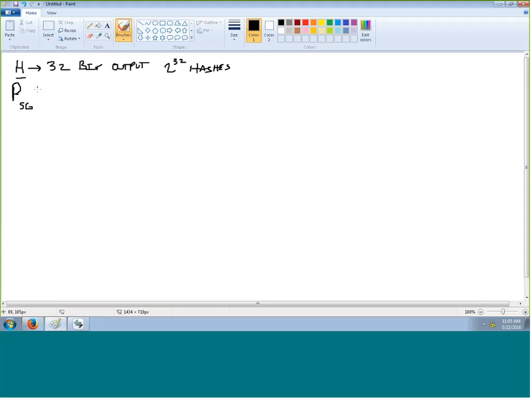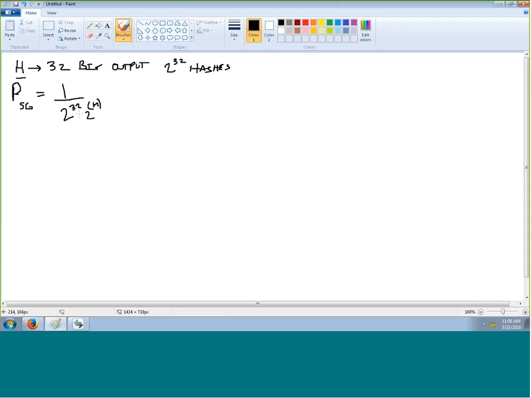Remember, hashes are deterministic in that a given input will give the same output, but you can't tell in advance what the output will be. That's one of the properties of a hash. So the probability of a single randomly generated hash matching any hash that we're given should be easy: 1 over our possible output space of hashes. In this case, 1 over 2 to the 32nd, and we can generalize this, say 1 over 2 to the n.